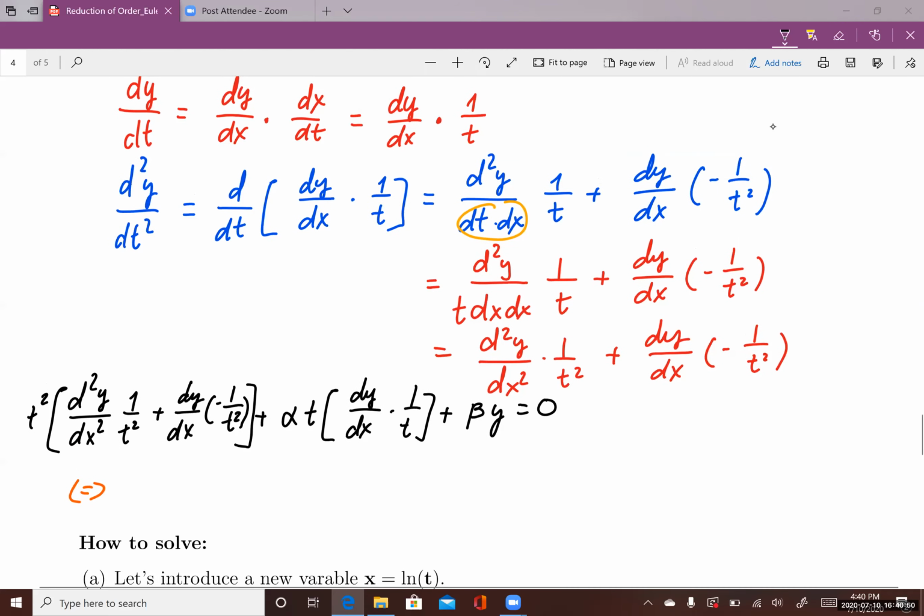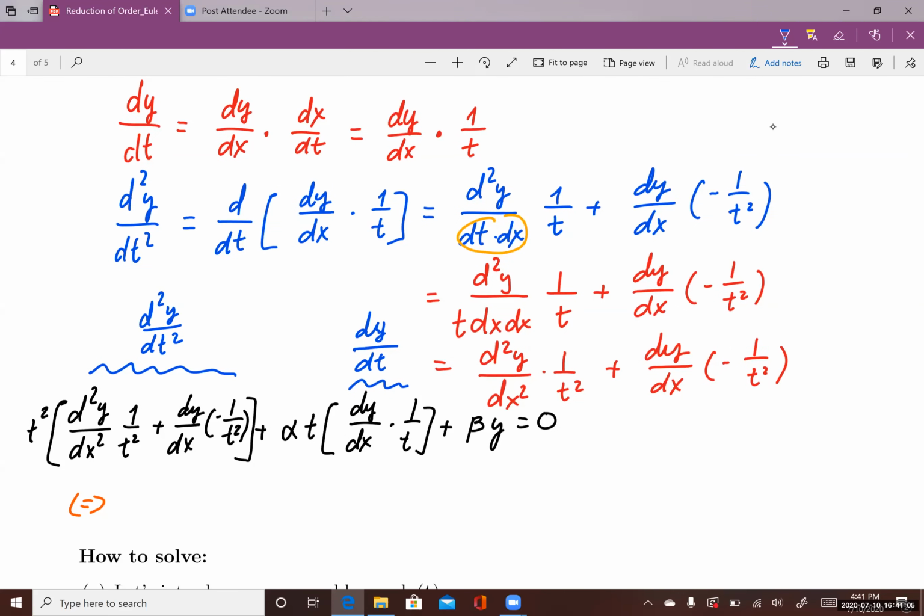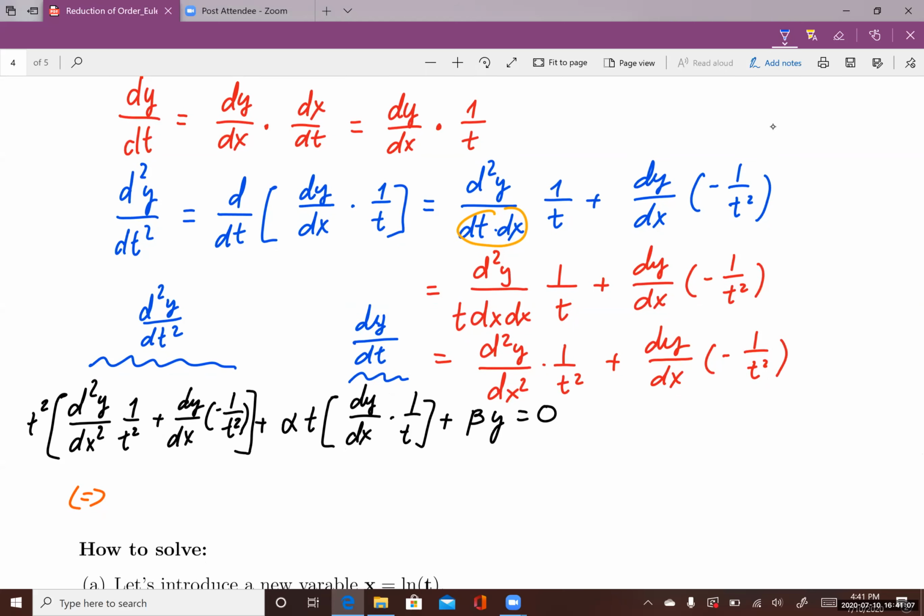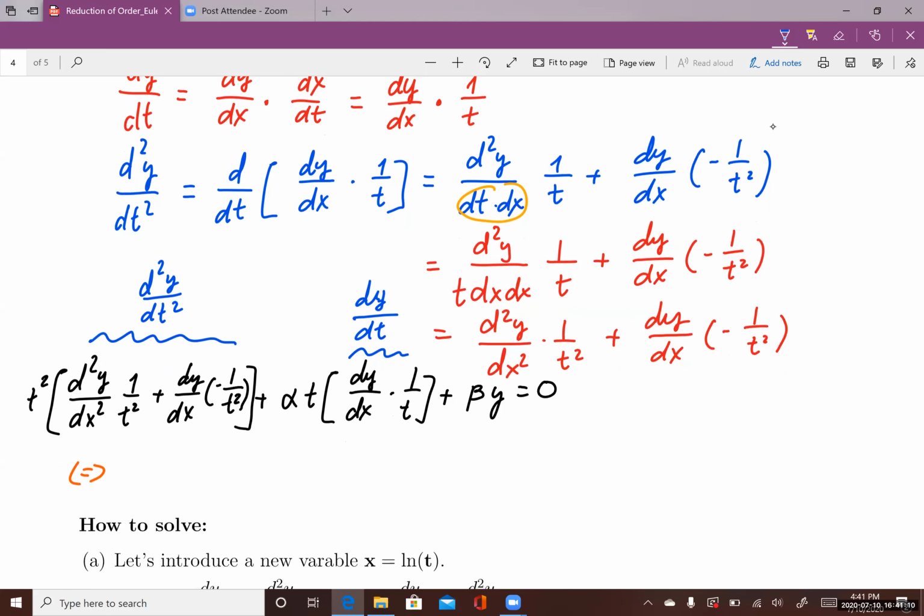Again, this is d squared y dt squared, and this is dy dt. Now I can simplify this a little bit. This will be gone.